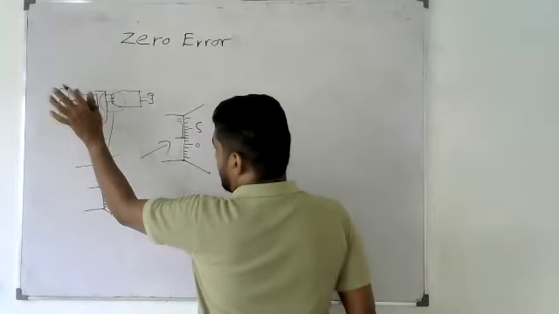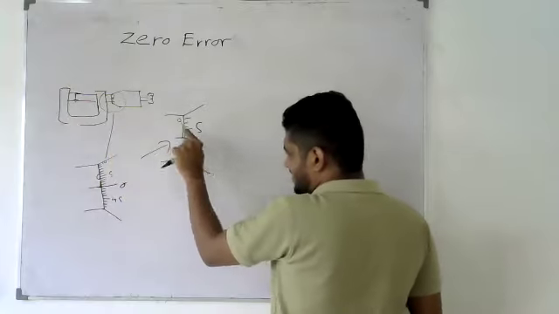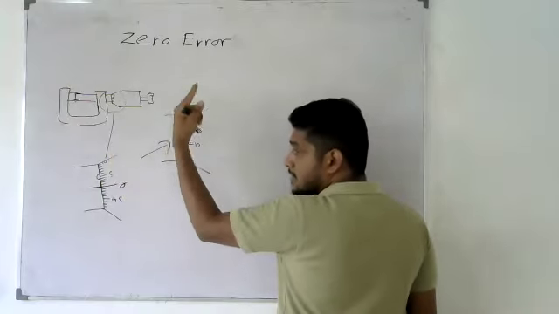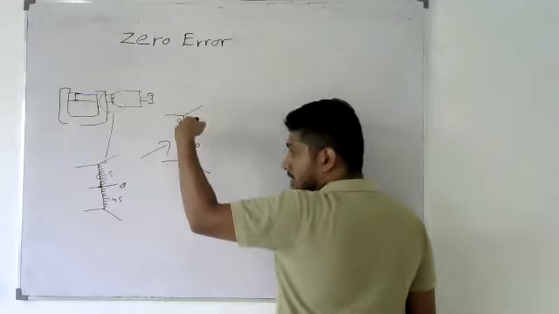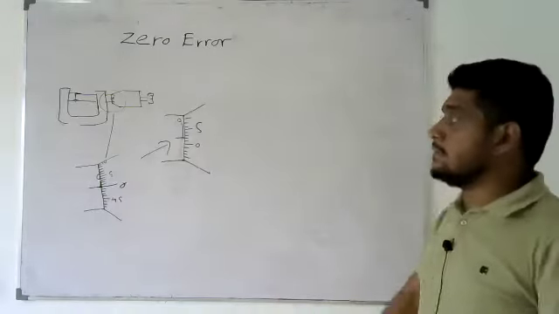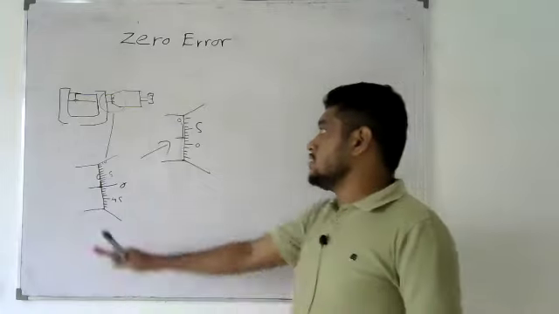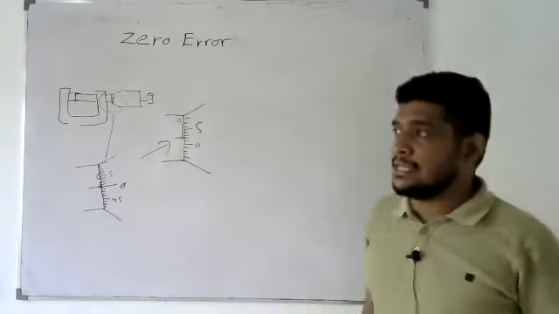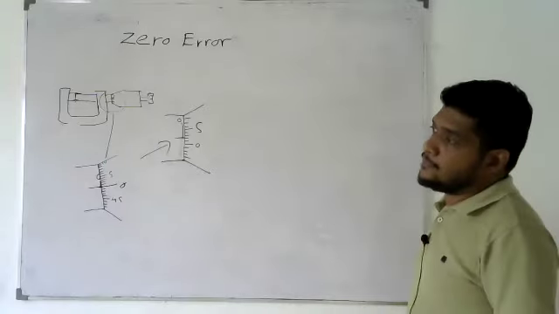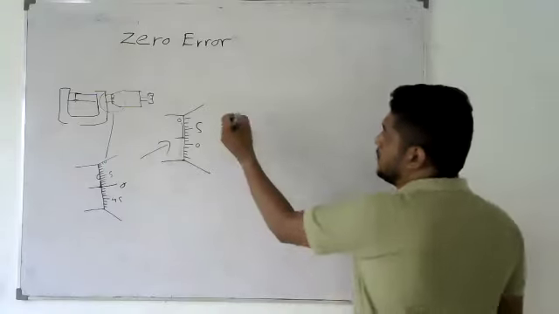The spindle and the anvil are in full contact, but there's a small gap between the zeroth line and the edge of the circular scale. But these two are close, nothing in between the spindle and the anvil. But the reading is already there. So this is the positive error.